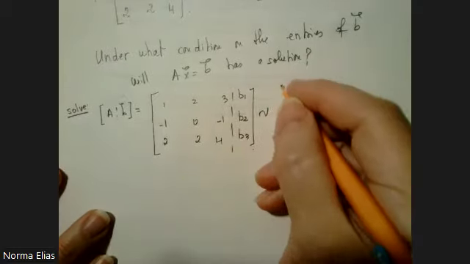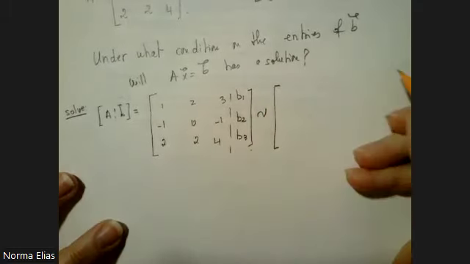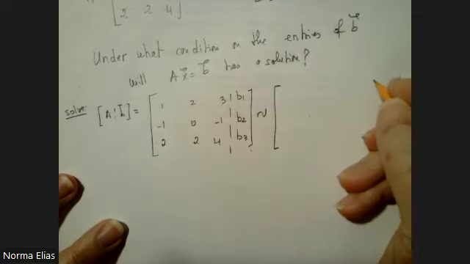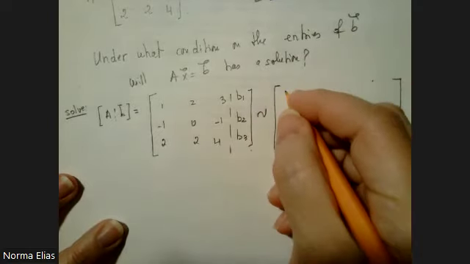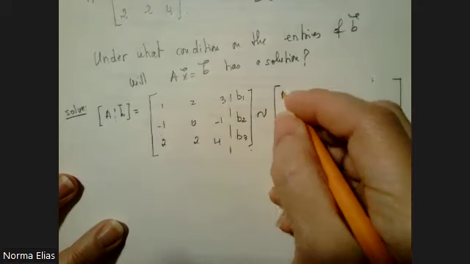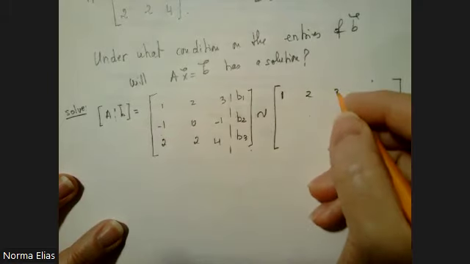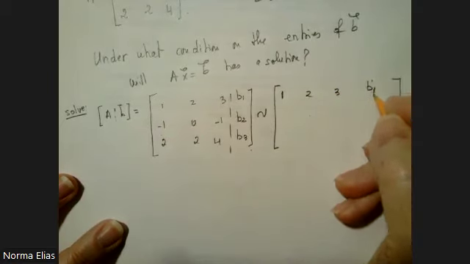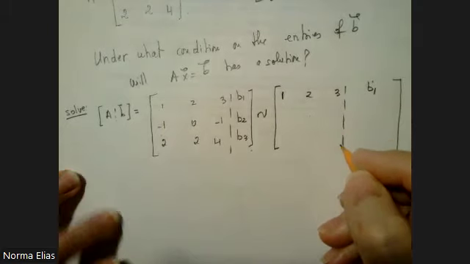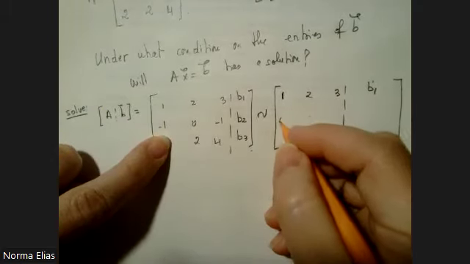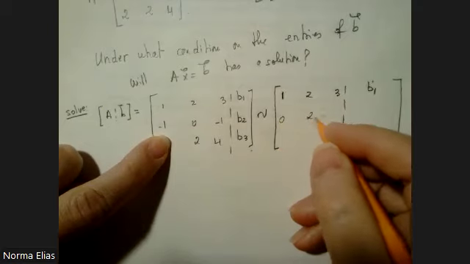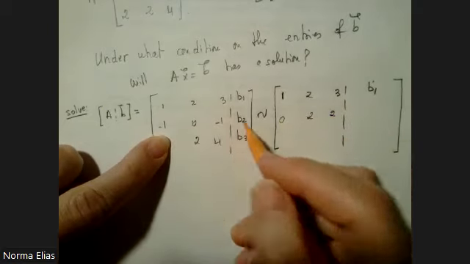I usually try to pick my matrices easy, so to elaborate the idea only. So this will give me the following. 1, minus 1, give me a 1, a 2, a 3, and a B1. 1, I will have to add the first row, 0, 2, 2, I'm adding them.